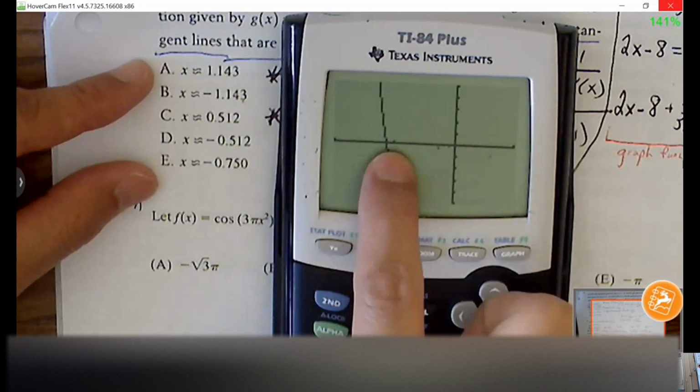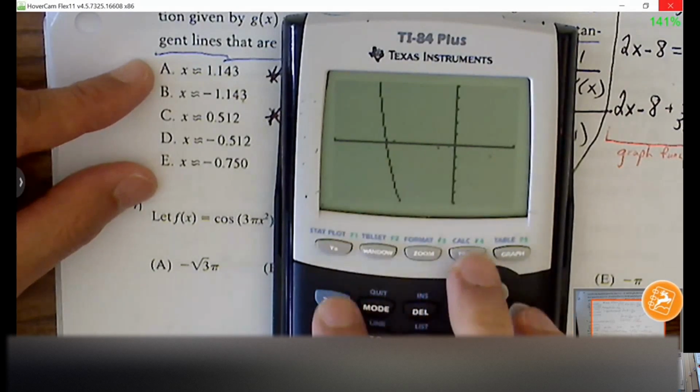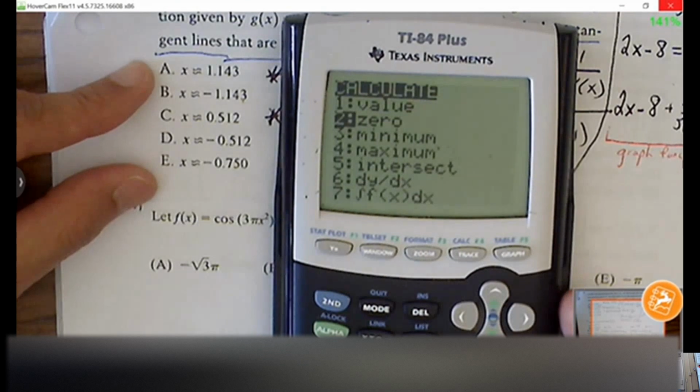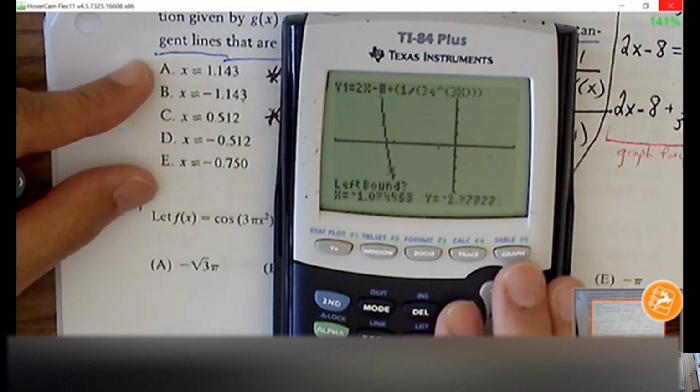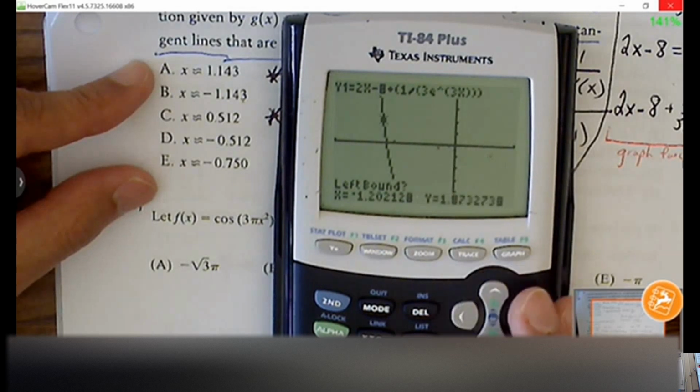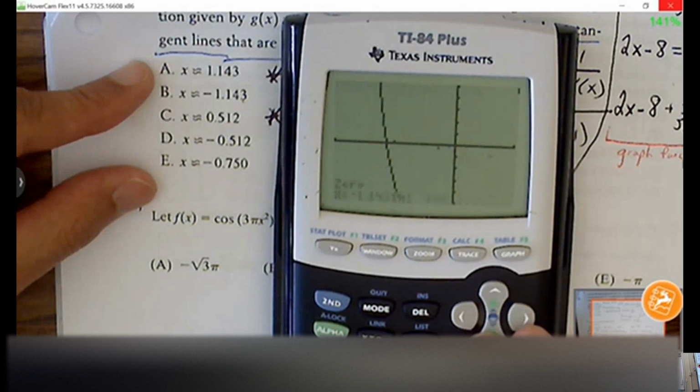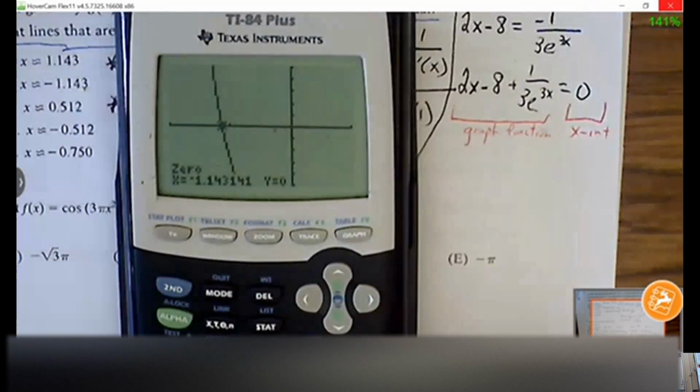All right, so there's my x-intercept. There's my solution. I'm going to do second trace, zero. Choose a point to the left. Hit enter. Choose a point to the right. Hit enter. Negative 1.143. There's my solution.